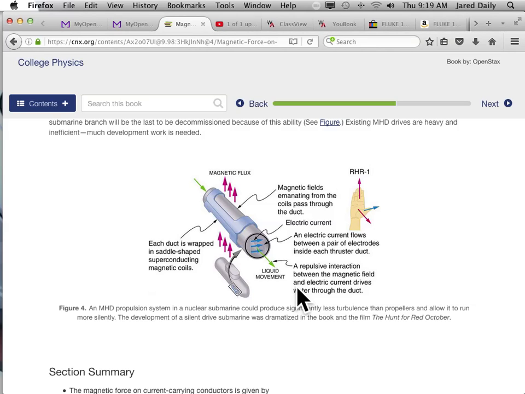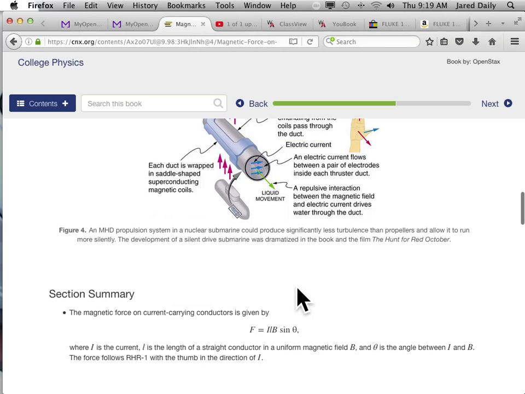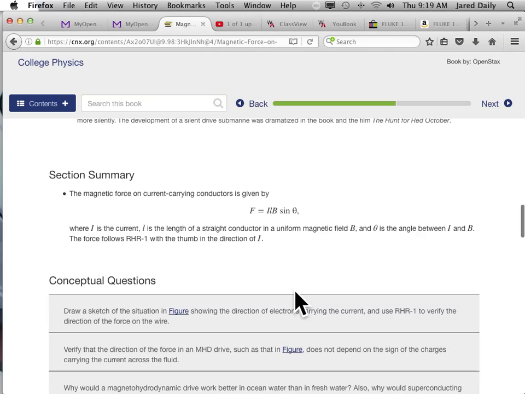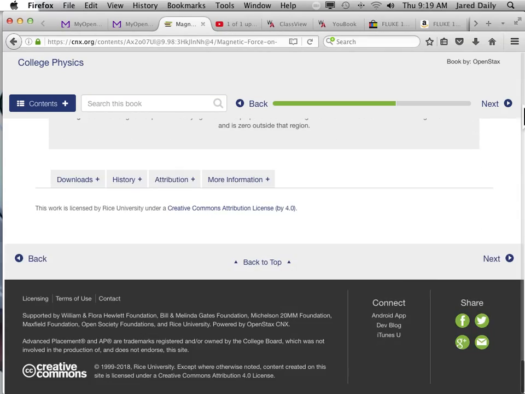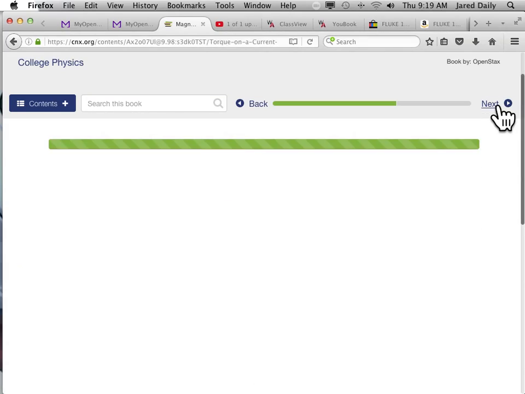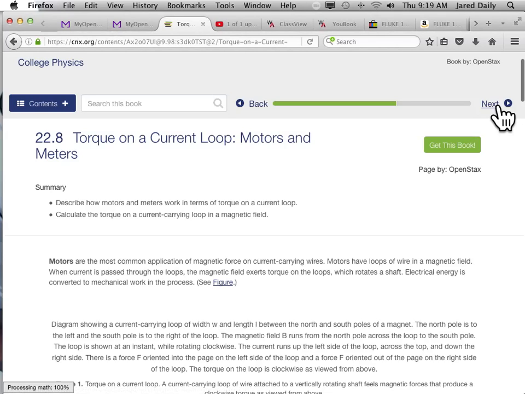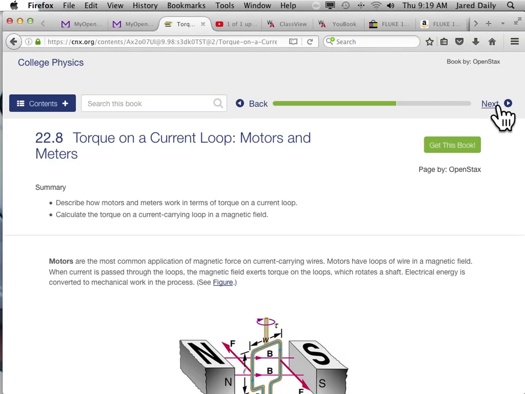It's kind of like a jet engine in the water. A magnetic jet engine in the water takes advantage of this type of concept. There are no moving parts, so it's very quiet. The only sound that would be made is the movement of the fluid through the tube.